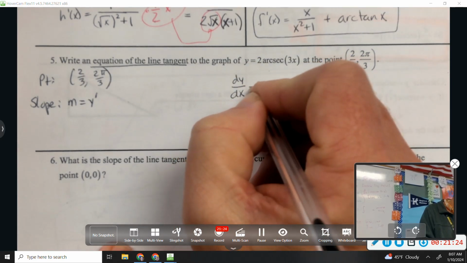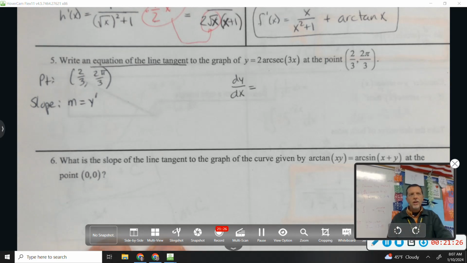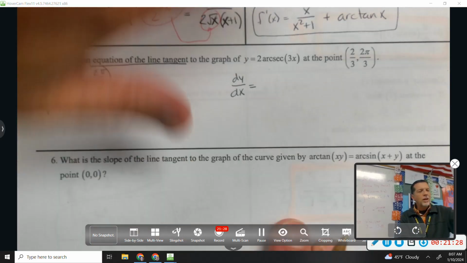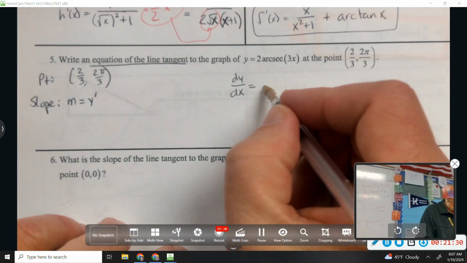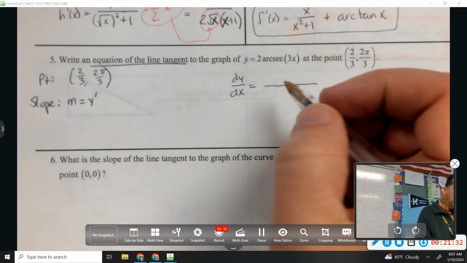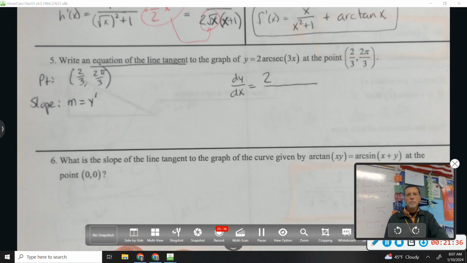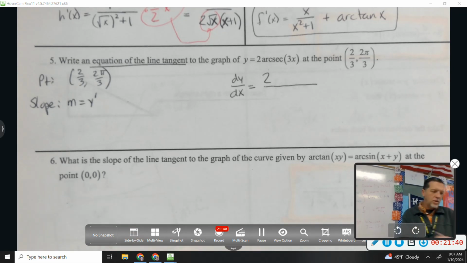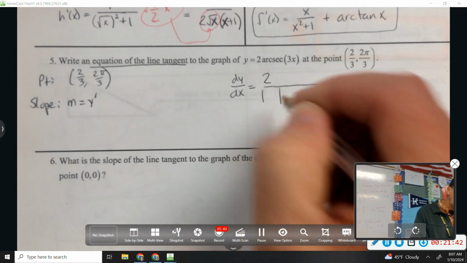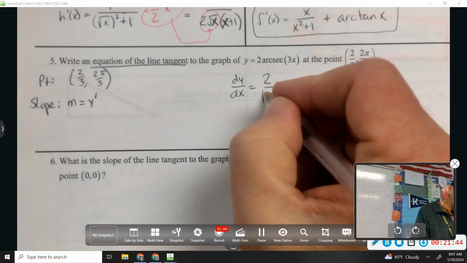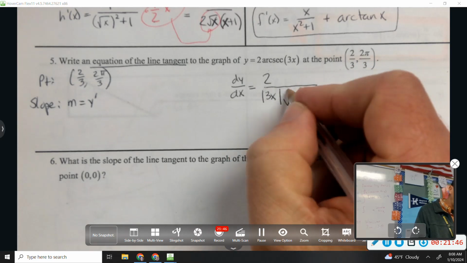So dy dx arc secant. Again, I'm trying to do this without looking at the formulas. 2 is just along for the ride. Secant is the worst one. It's the one that has the absolute value of the argument. It's got a square root.